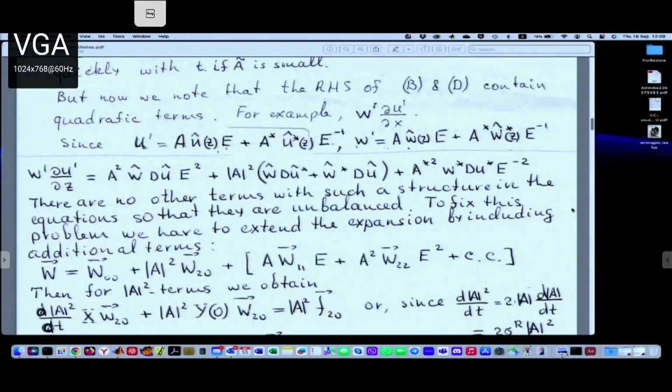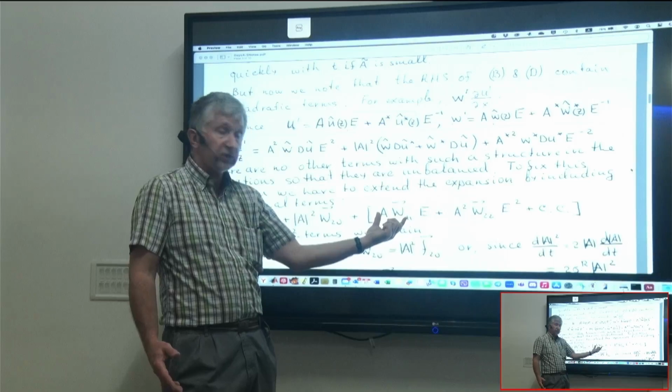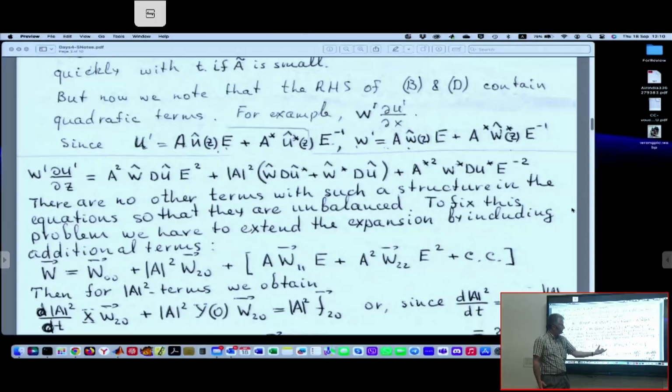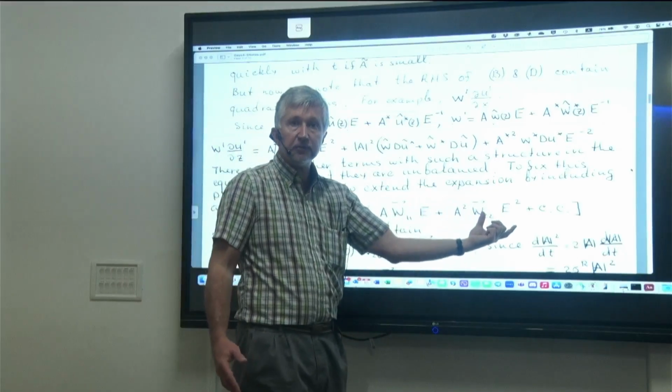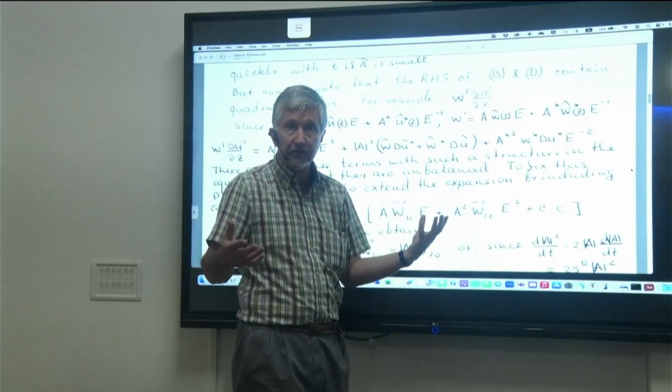So I need to start adding the terms to my initial assumption, what my solution looks like. This is still my base flow, it is still there. This is still the linear terms, so linear eigenfunctions that we already know. It is still there. Complex conjugate is still there, but we need to have these terms and we need to have these terms. We have to keep adding.